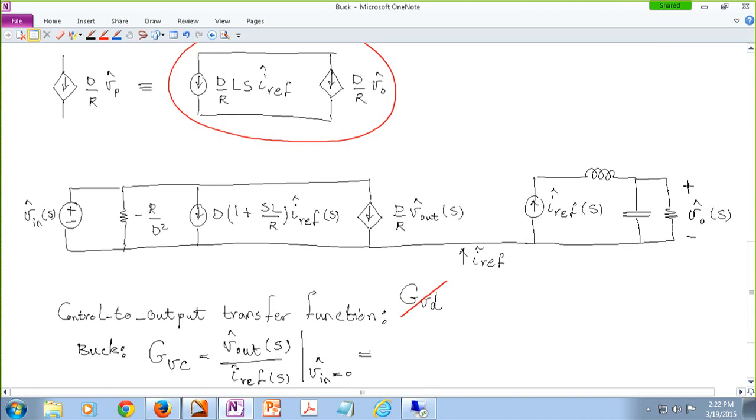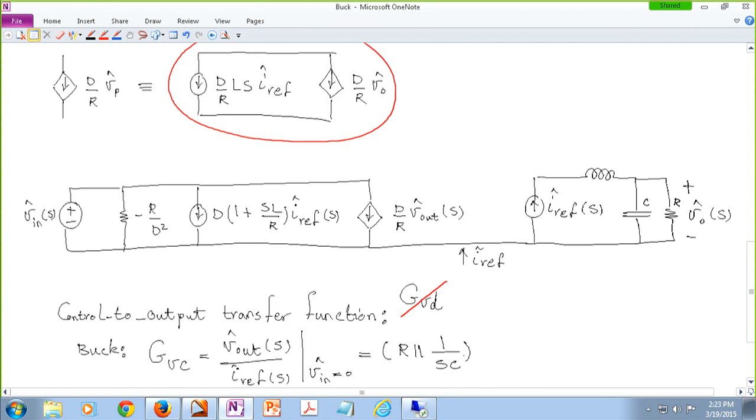So technically, I just have to look at the right-hand side over here and see how my IREF is influencing my V out, which is basically that impedance that I have, which is the R in parallel, this resistor in parallel with this capacitor. All right, so these two impedances in parallel with each other. So again, as we expected, it's a first order model.